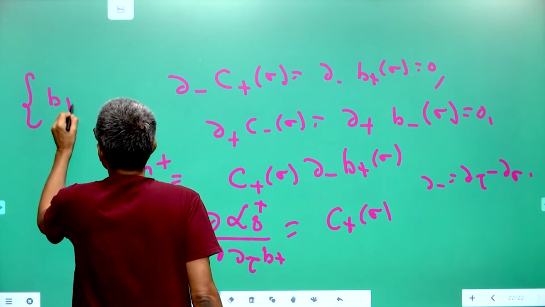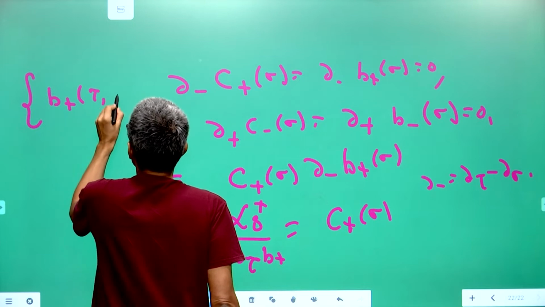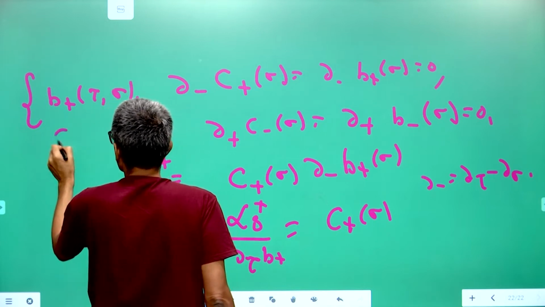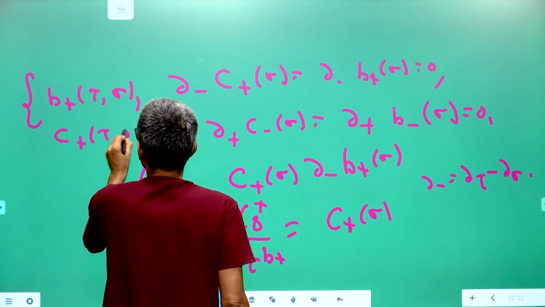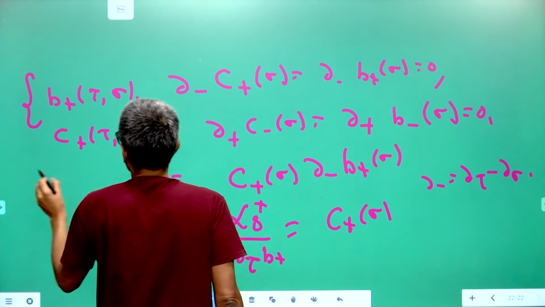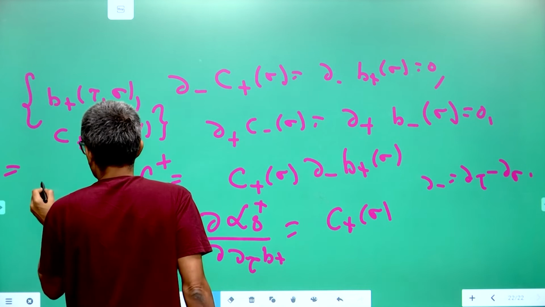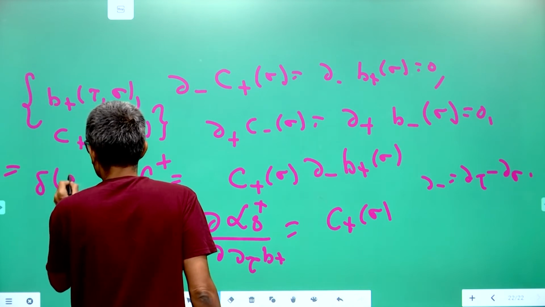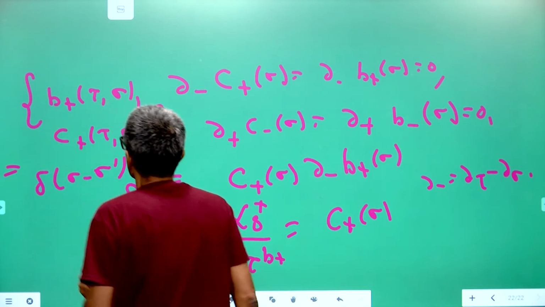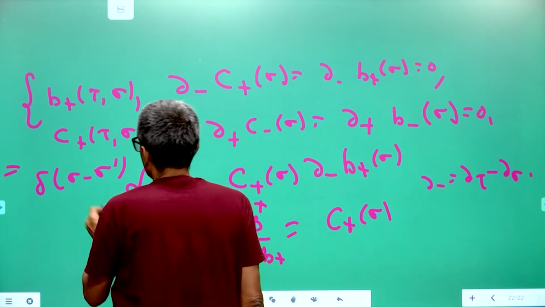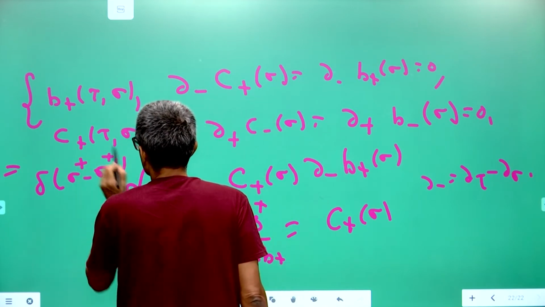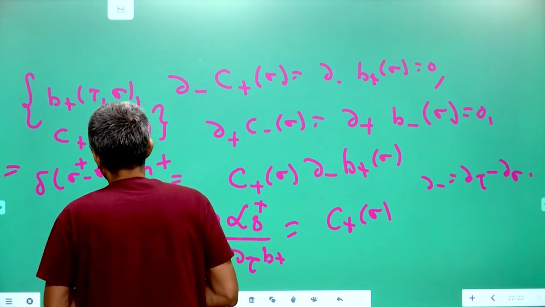So, you will have the equal time anti-commutation relation, B plus at tau sigma comma C plus at tau sigma dash, this anti-commutator is equal to delta of sigma minus sigma dash, and likewise for the minus part. So it should be actually sigma plus minus sigma plus dash, because it depends only on sigma plus.